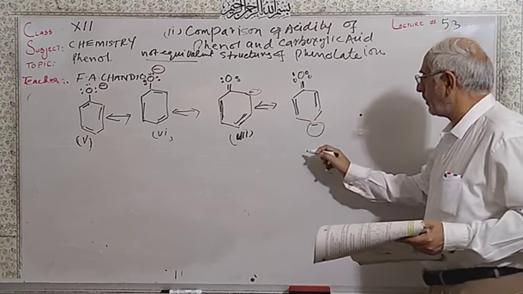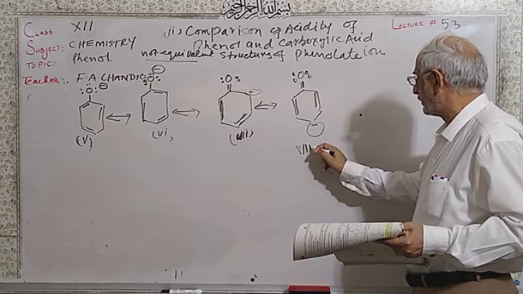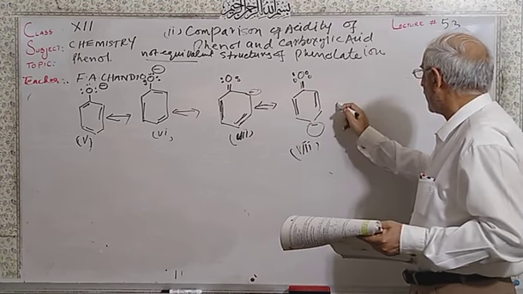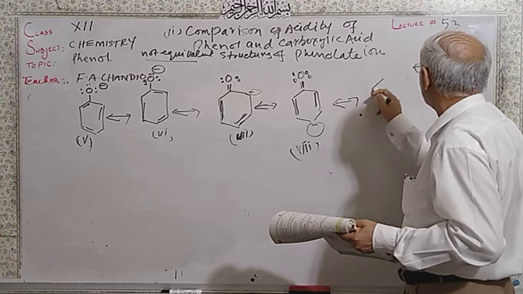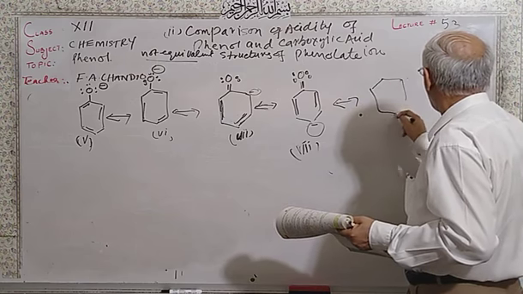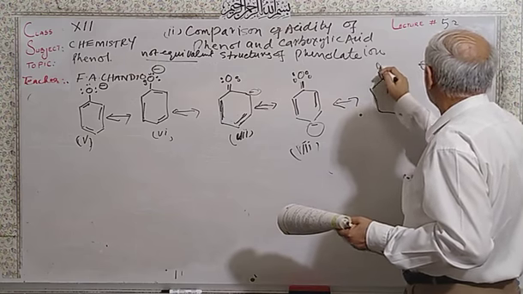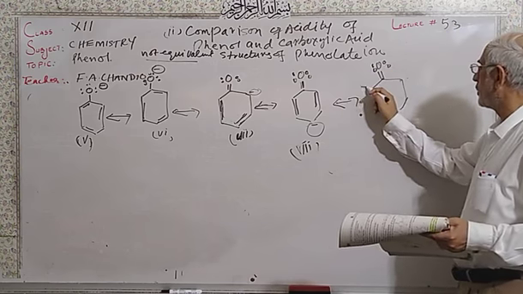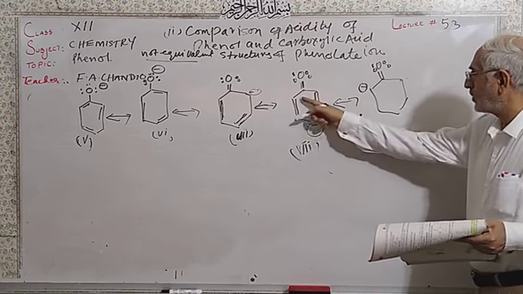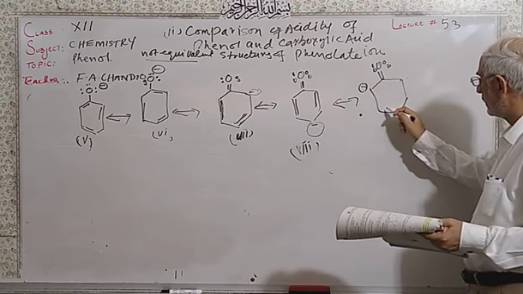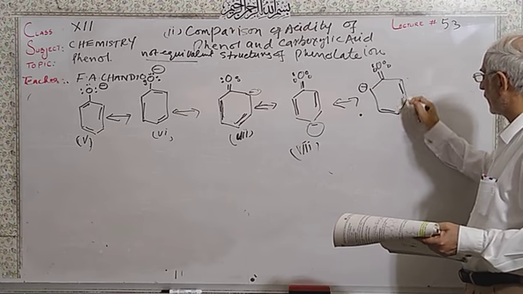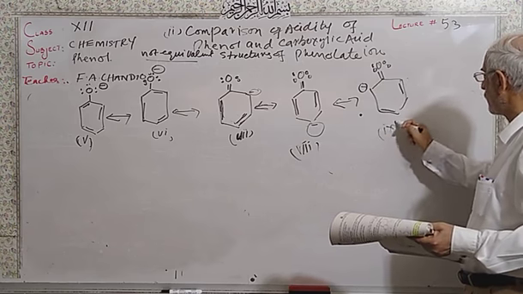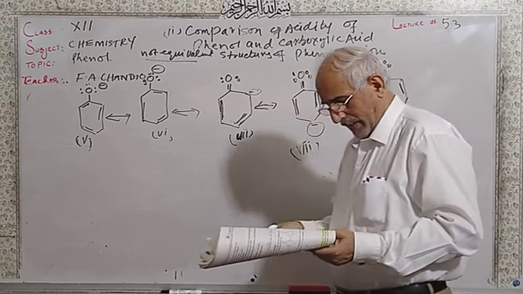So this is structure number 8. And structure number 9: this charge is going to be shifted here, and this bond is reversed back like this one, and this is resonance structure number 9.